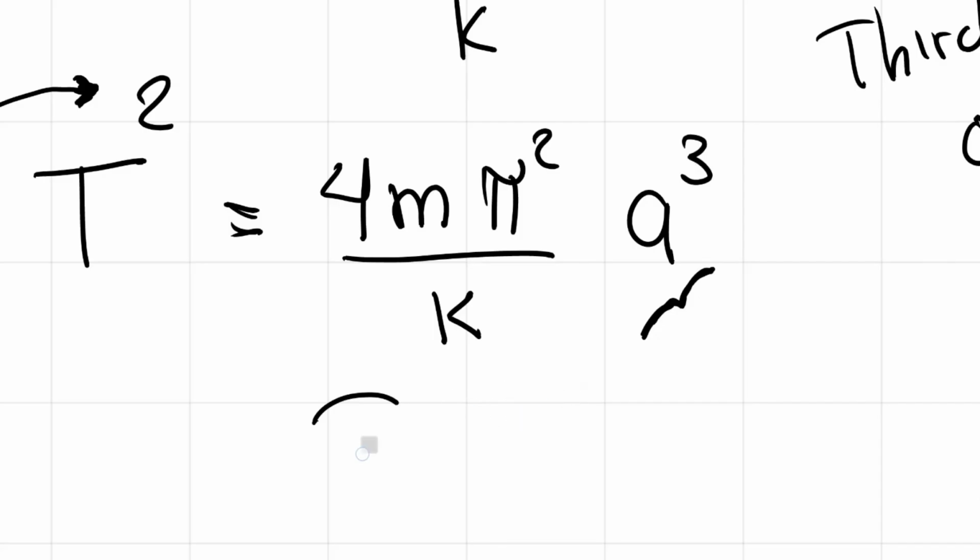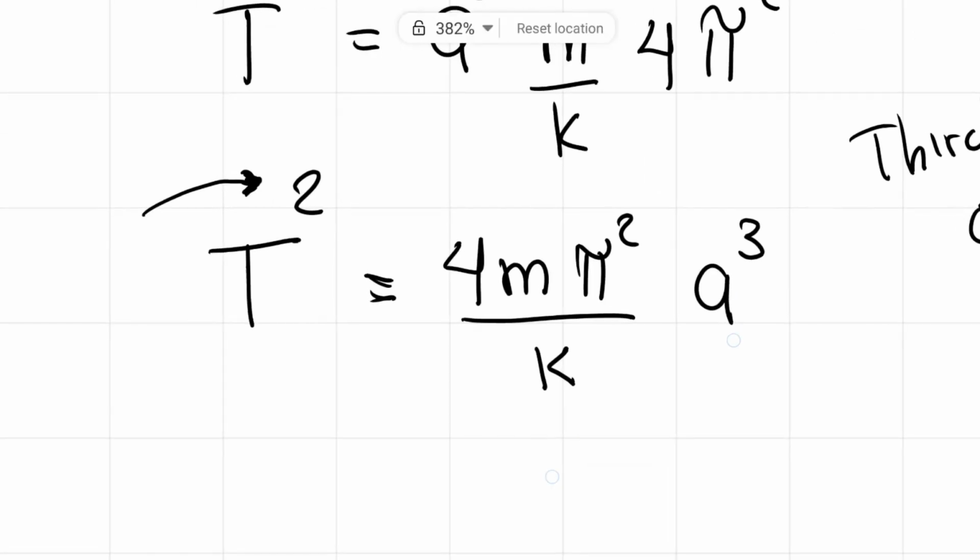That is what the third law of Kepler says, and we have shown this in a mathematical way. So that is the equation that proves the third law of Kepler.